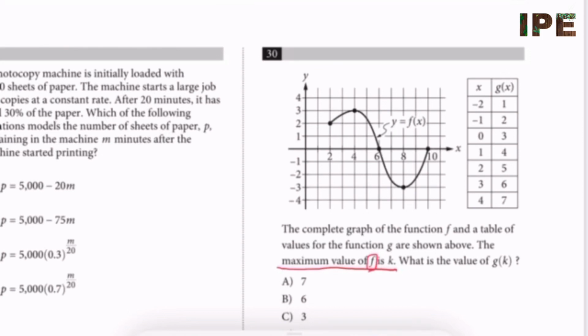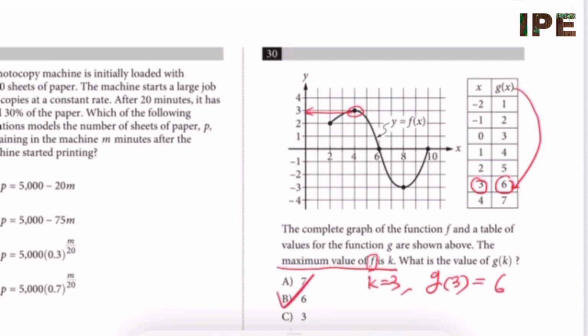Over here, this high point is the maximum point. That point's y value is 3. So k is 3. That means we have to find the value of g(3). In the table, when x equals 3, what is the g(x) value? 6. So that must be 6.